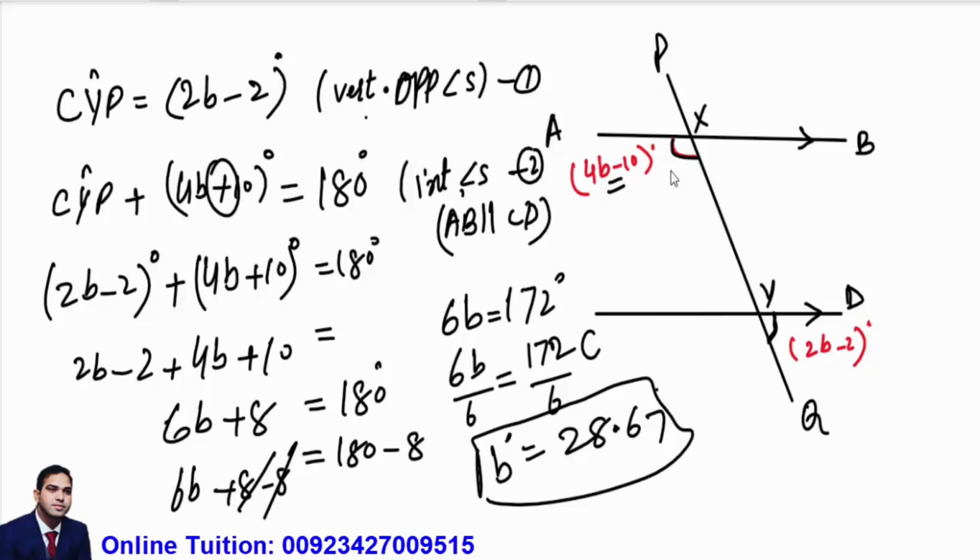In the question I wrote 4B negative 10, but I took 4B plus 10. So the procedure is same, and this is 4B plus 10. Any value can come, but this is the way you can solve.